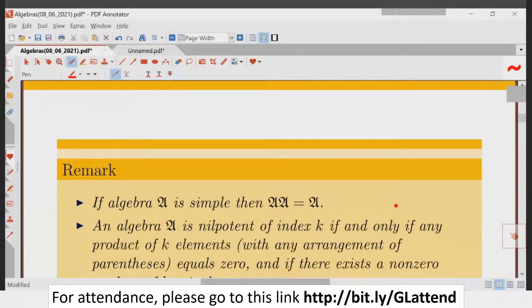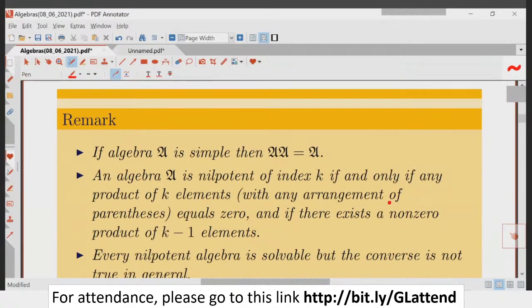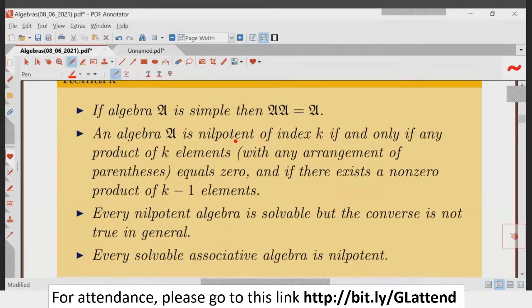Okay, so now we have seen that if an algebra is simple, of course the product by itself is the algebra itself. Why? Because to be simple, this shouldn't be 0, since the algebra has only 2 ideals, it may be 0 or the whole entire algebra A. So the second case must happen.